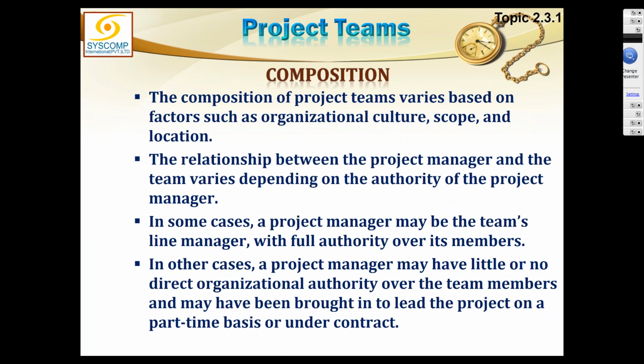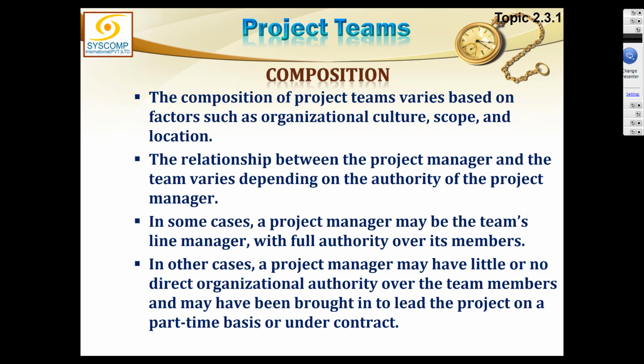The composition of the project team varies based on factors such as organization culture, scope, and location. In a multicultural environment, where the project is interacting with more than one geographic location, maybe international locations, the scenario will completely change. The relationship between the project manager and the team varies depending on the authority of the project manager.